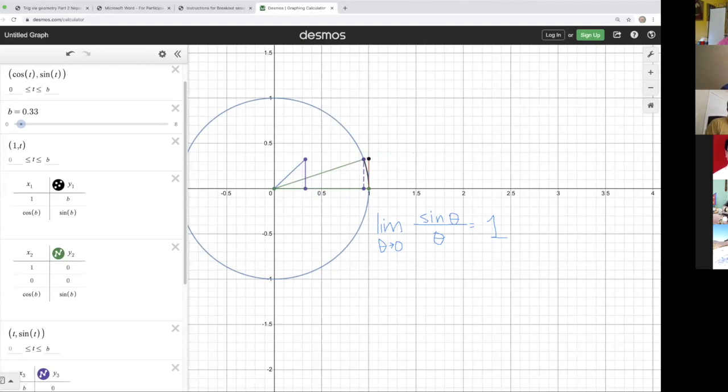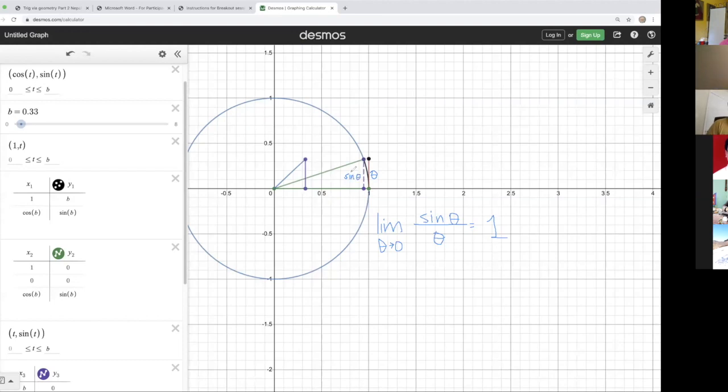The red line is t, and t and theta are one and the same. So let me get my drawing tool out. Here's theta, the red line. Here is the sine of theta, the dotted purple line. I'm just going to try to squeeze that in there.